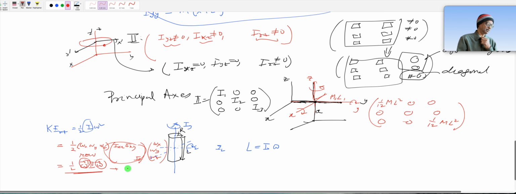Sometimes people just write half big I and omega square, with everything bolded, meaning things may be more complicated than they look. This is just a symbolic way of writing it. But if you are dealing with a really complicated situation, you'll have to work the whole thing out.